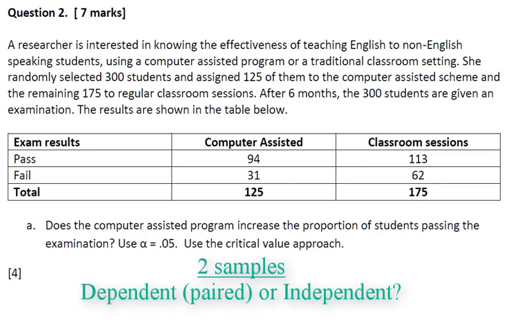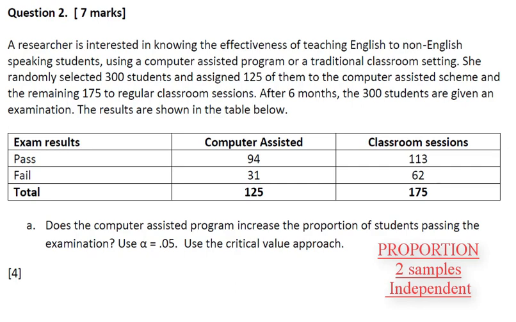Now we have everything we need to tackle the question. We want to know if the computer program increases the proportion of students. Keyword for stating the alternative hypothesis: increase. We're going to use a one-sided test. One proportion is going to be greater than the other proportion.